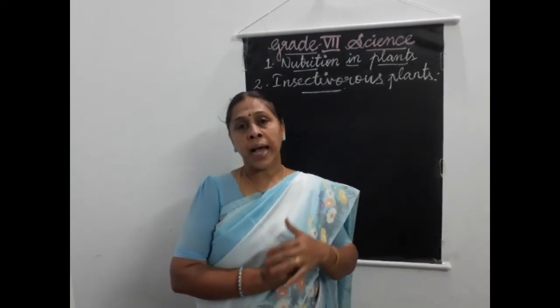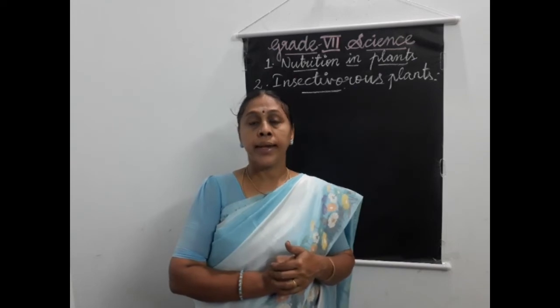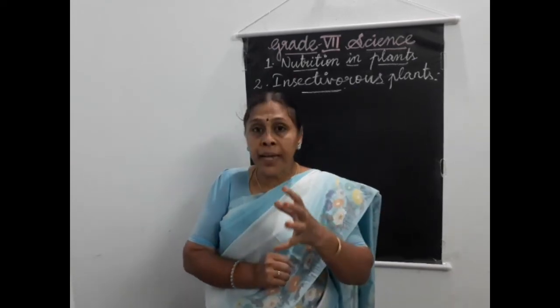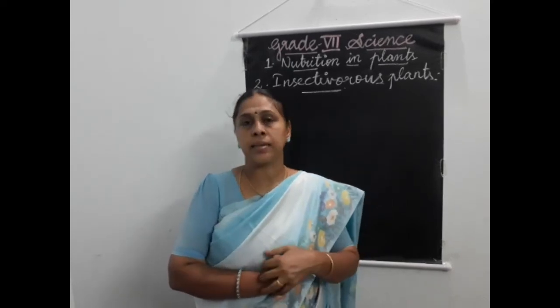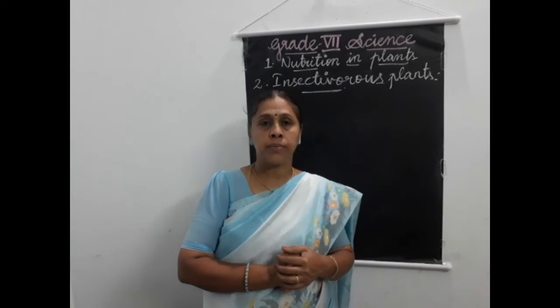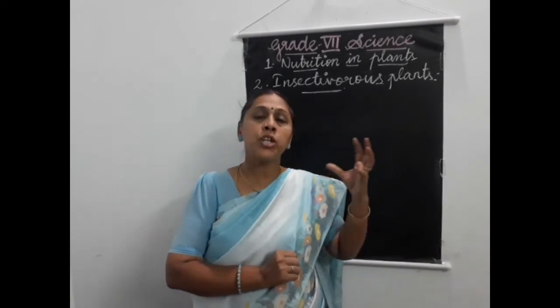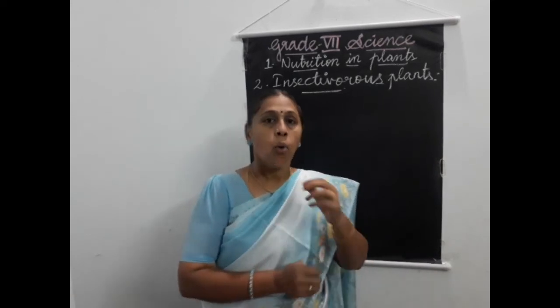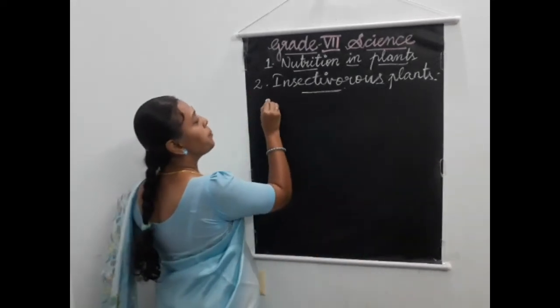And these insectivorous plants will have some special adaptations to trap the insects. They will not look like other plants. They will have special adaptations or structures to trap the insects. One example is the pitcher plant.